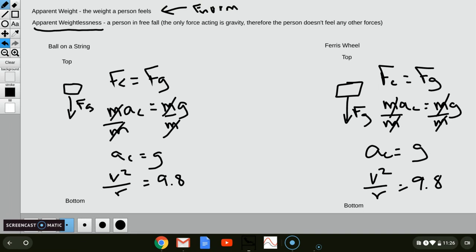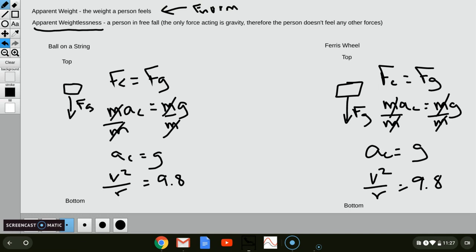Now, for each of these scenarios, it's a little bit different. If we talk about what happens on a ball and string, this velocity is special. So let's ask ourselves what happens here if we go faster than this weightless velocity, this velocity that creates this apparent weightlessness.